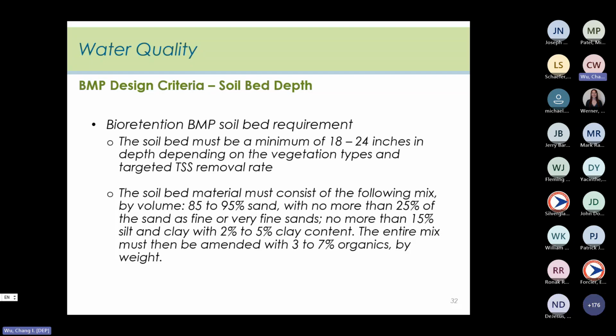whether the soil bed and the sand layer in the BMP meet the design criteria. For bioretention BMP, you need to have the soil bed 18 to 24 inches, depending on the vegetation type. And the soil bed material has to meet the mixing requirement.